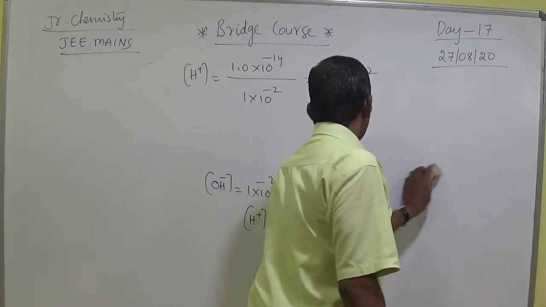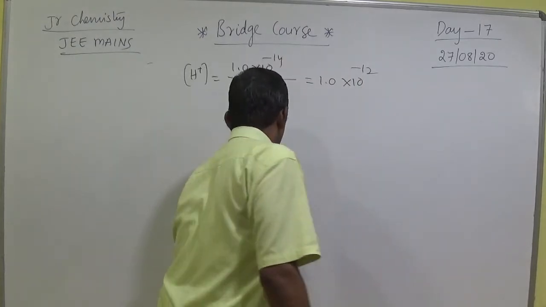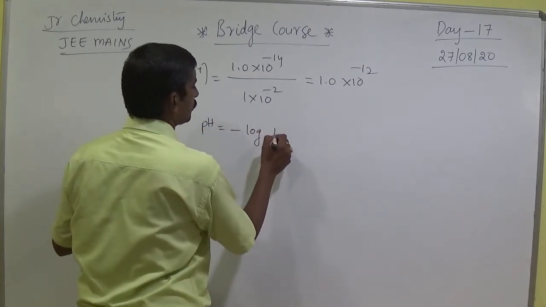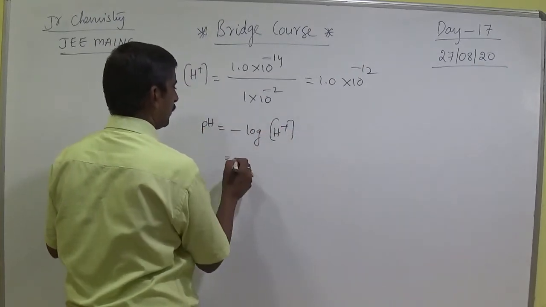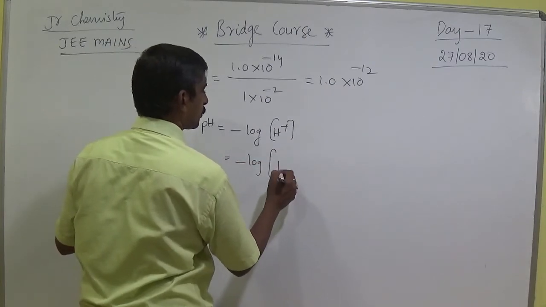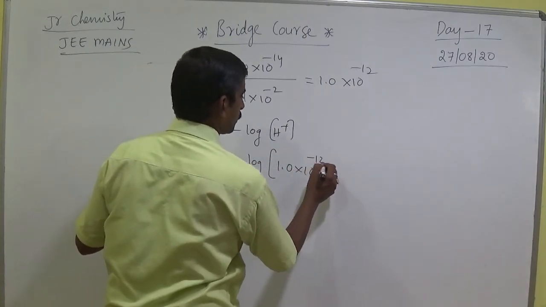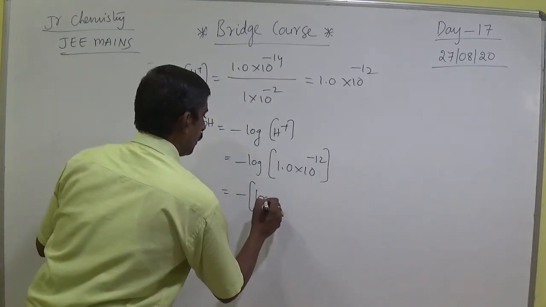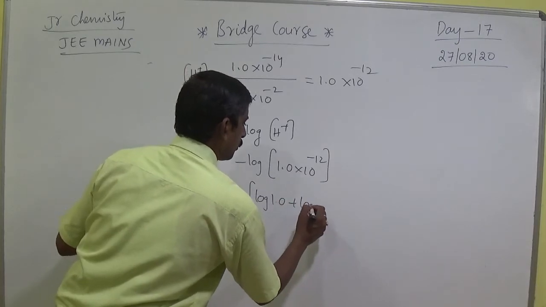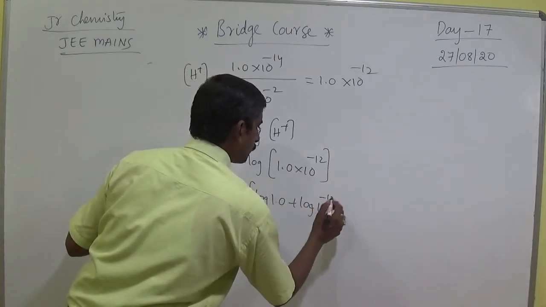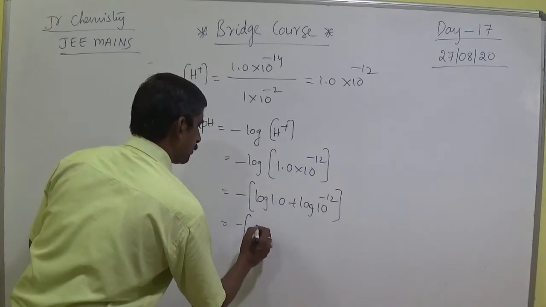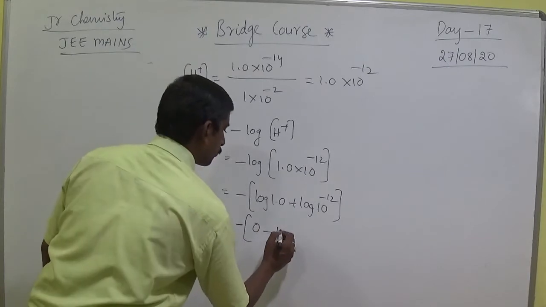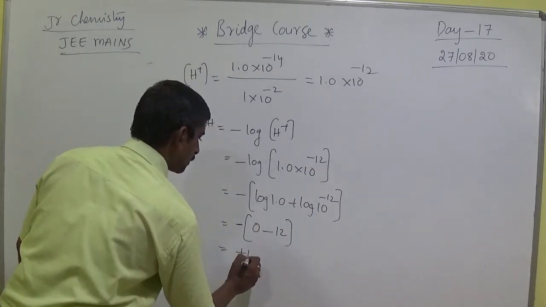After that, pH equals minus log of H plus concentration, that means minus log of 1 into 10 to the power minus 12. So minus log 1 plus log 10 to the power minus 12. Log 1 is always 0, so equals minus log 10 to the power minus 12, which is minus 12. So that means simply plus 12.